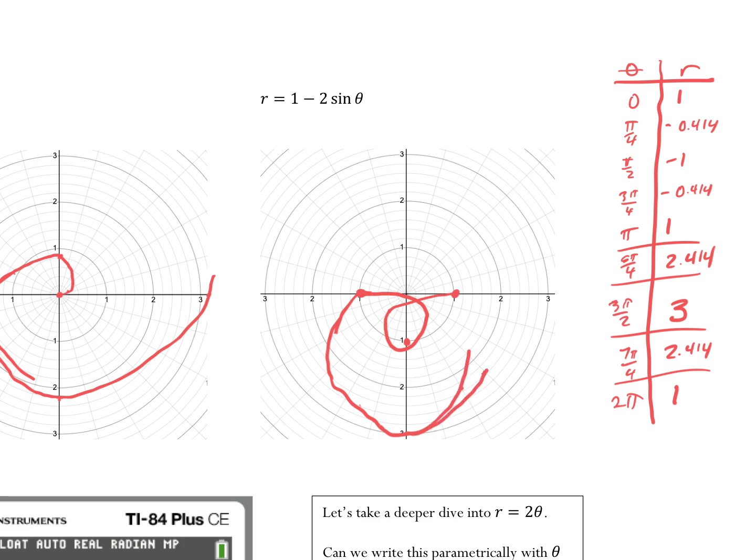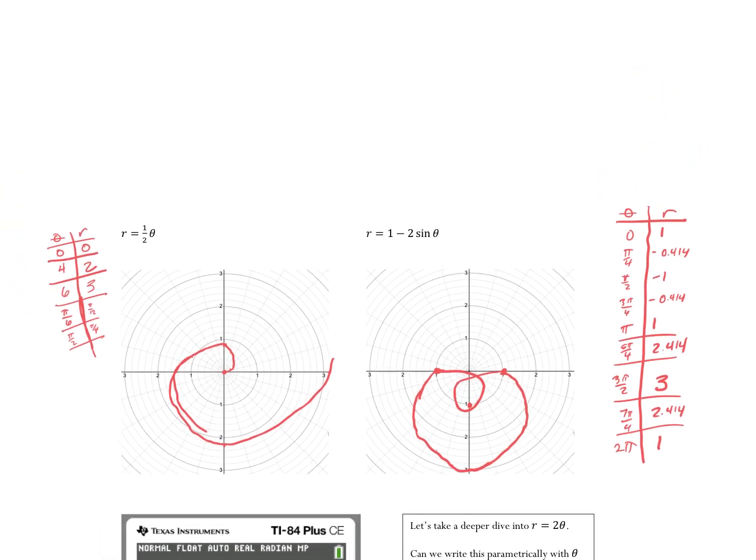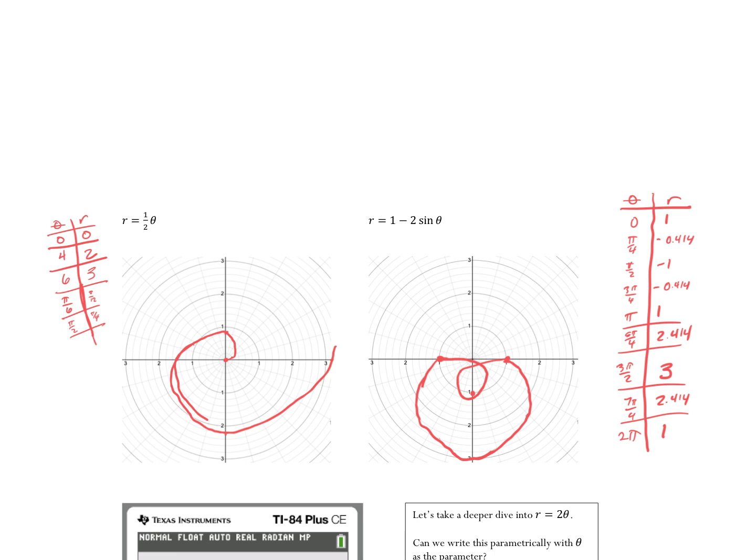That's fine. And it turns out, that's cute, that there's names to the different polar graphs. This one is called a cardioid. Oh my god.